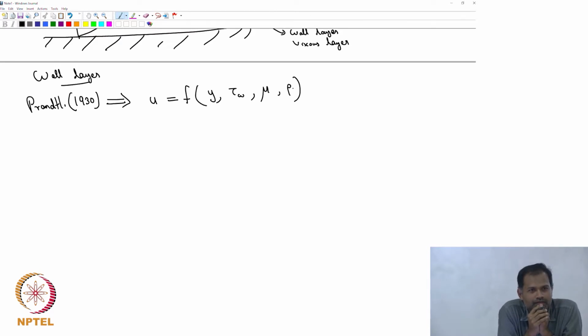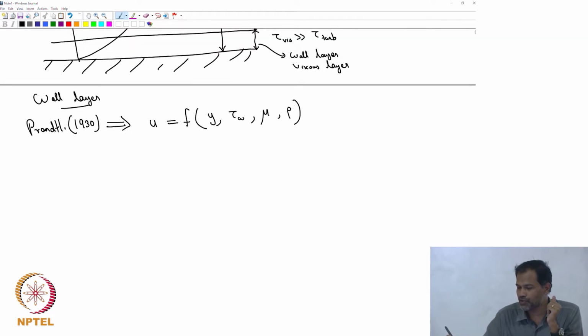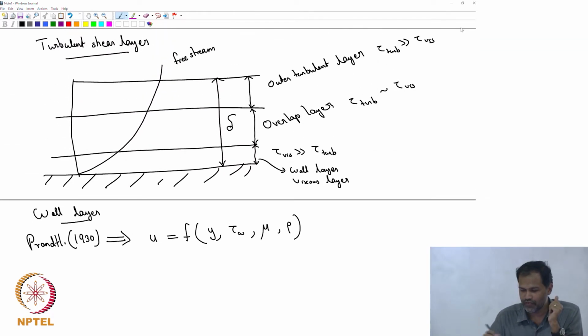The flow is turbulent, so there will be only turbulent stress, no viscous? Viscous stresses will be, so you are talking about free stream, right? Yeah, same as the third layer, outer. That's right. It will be very close to what's happening in the outer turbulent layer. We are keeping it free stream because that's a region which is completely unaffected by walls.